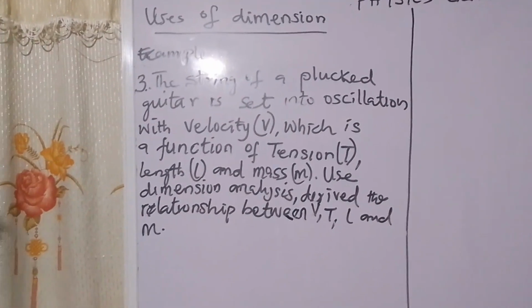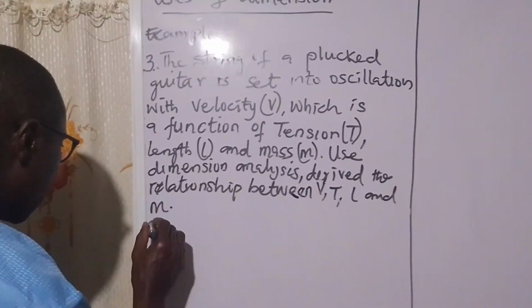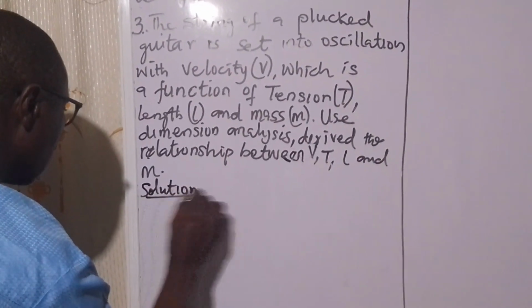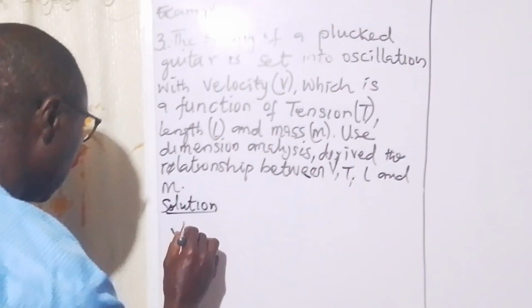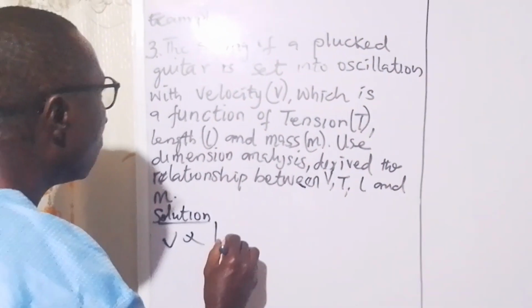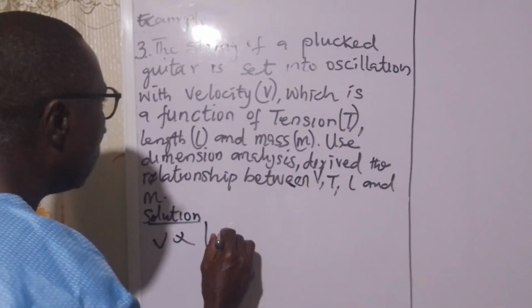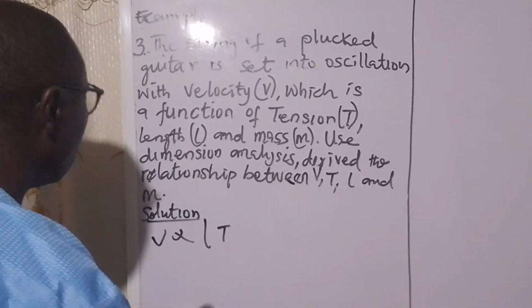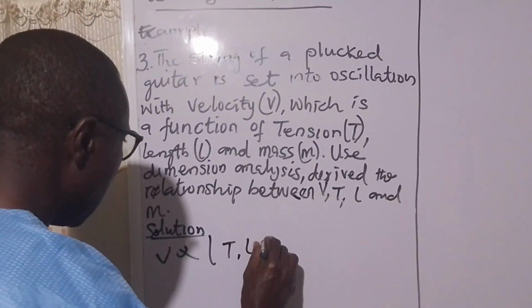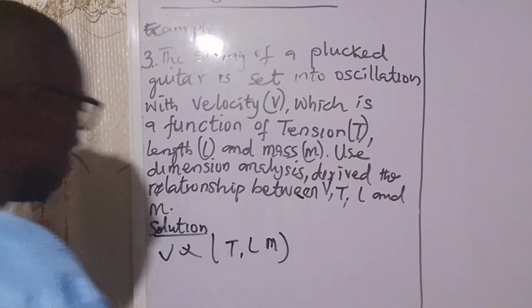Now to start with, according to the question, solution. V is a function of T for tension, L for length, and M for mass.